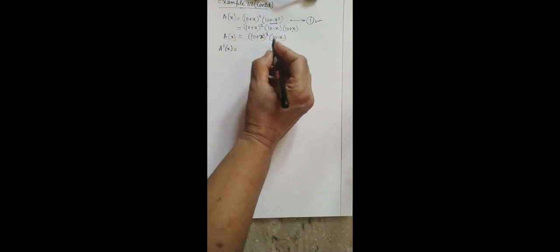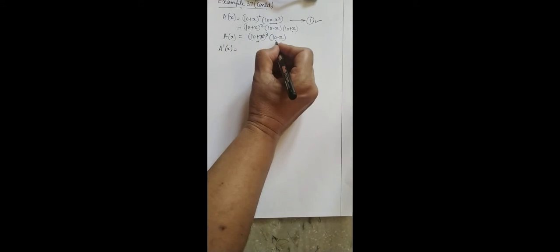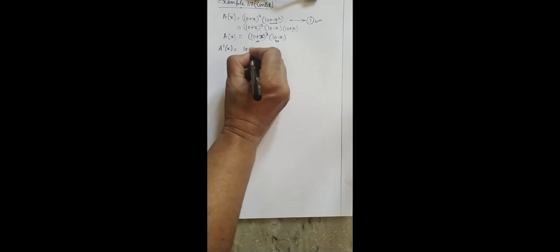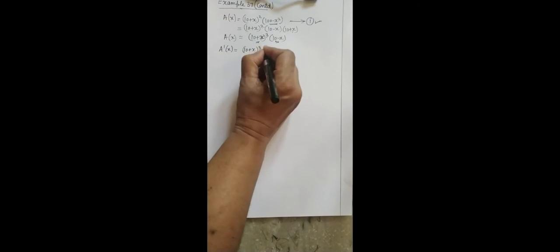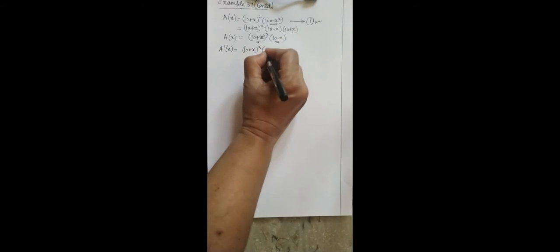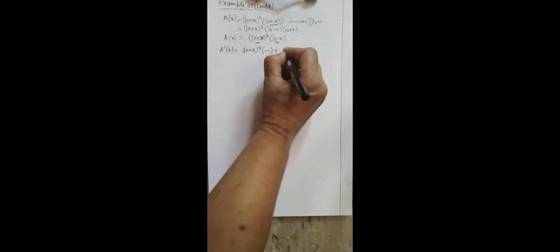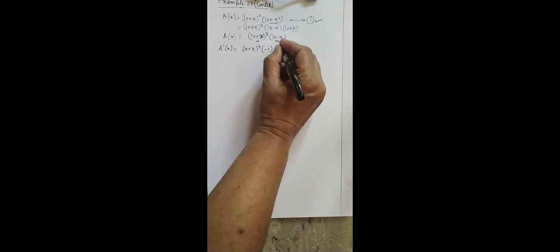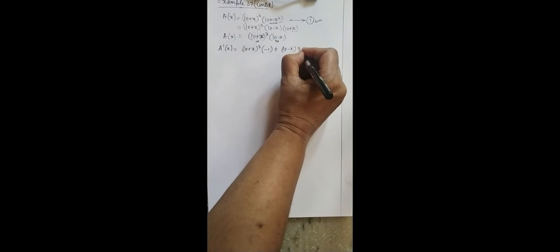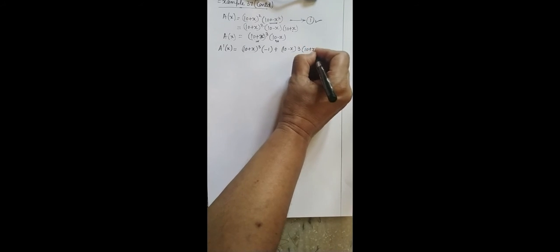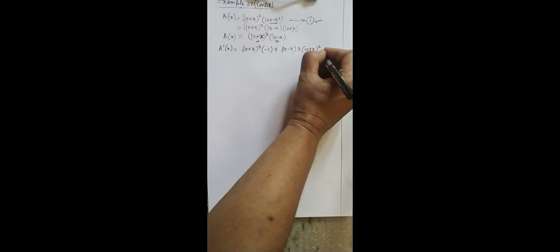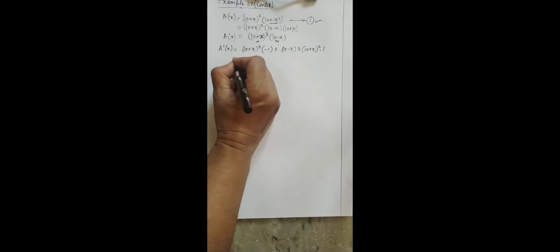Now differentiating this expression. I will be using the product rule because it is the product of two expressions. So first function as it is into the derivative of the second, which will be minus 1, plus second function as it is into the derivative of the first function, which will be 3 into 10 plus x whole square, and by chain rule into 1.